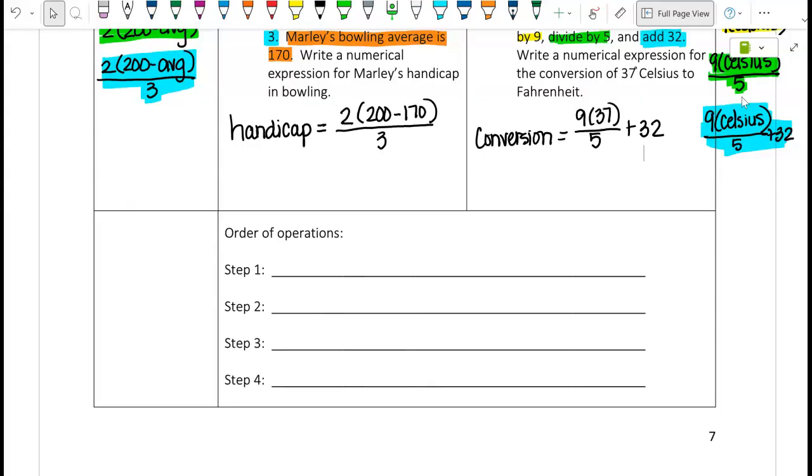Exactly. It makes you think that multiplication has more power than division, and the same thing happens with addition and subtraction. If we simply go by PEMDAS, we put the M before the D, so people think, well, that means I have to multiply before I divide, and we put the addition before the subtraction, so I need to add before I subtract.